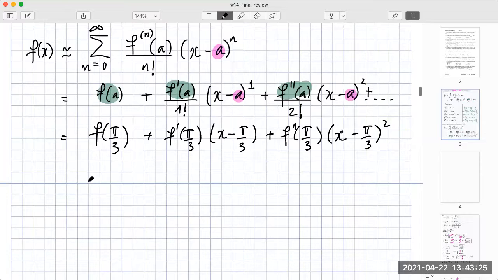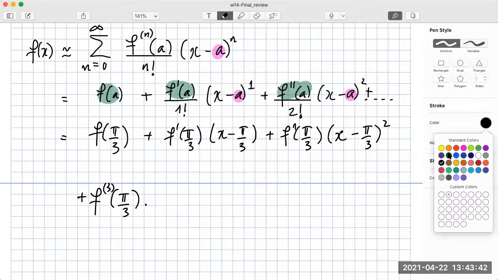And let us compute some more terms, which is the third derivative of this function at pi over 3 times, oh wait, what do I miss here? Yeah, the factorials.